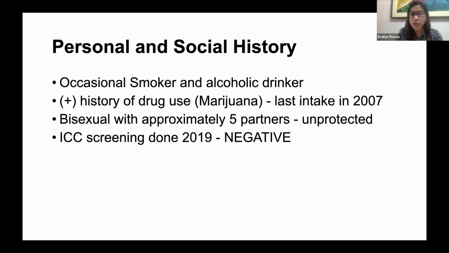On personal social history, it was found out that the patient is an occasional smoker and alcoholic drinker with a history of marijuana use. The patient also said that he is bisexual with 5 partners and had unprotected sex, and underwent initial HIV screening last 2019, which revealed a negative result.